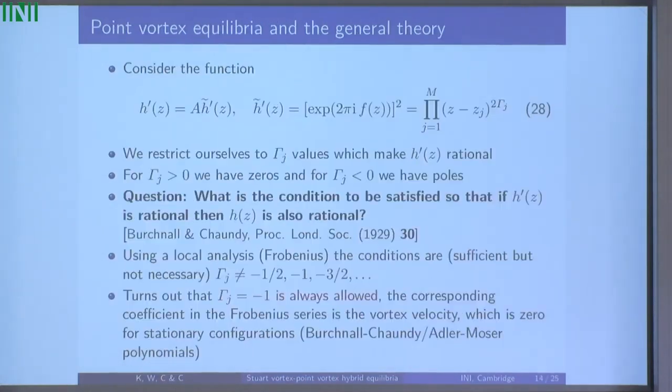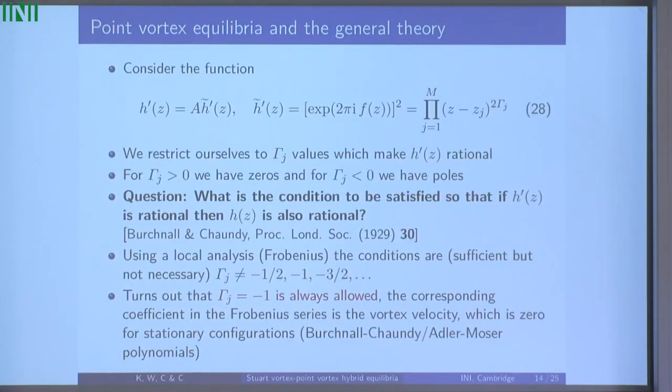So to answer that question, we proceed like this. Suppose you have h prime is h tilde prime, but h tilde prime is defined like this, as in 28. Now we have actually seen this type of function many times during this week.